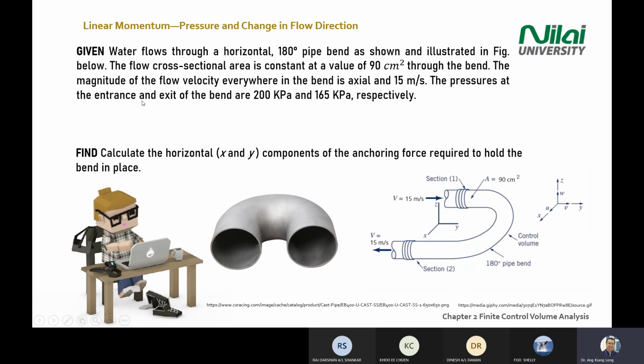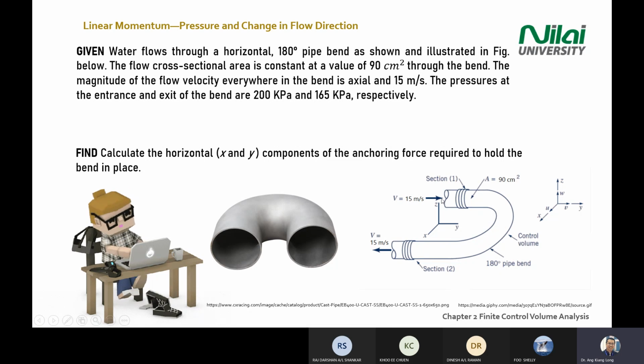The pressure at the entrance and exit of the bend is given, so input and output pressure is given, in this case in kilopascals. We need to calculate the horizontal component of the anchoring force, the anchoring force required to hold the bend in place.